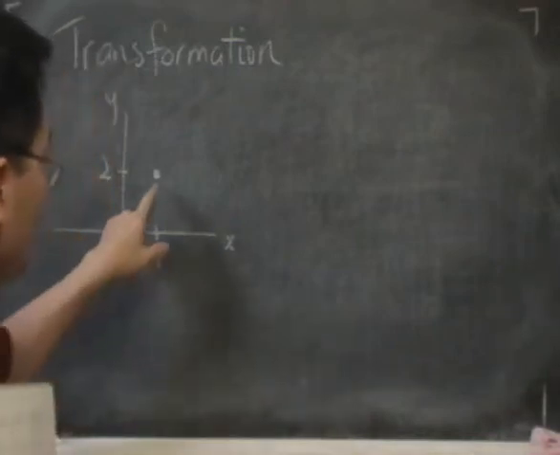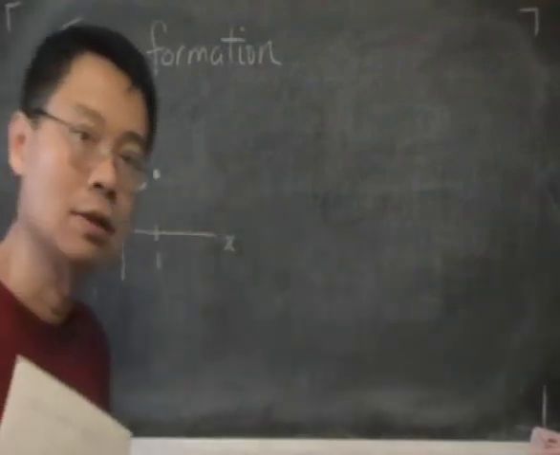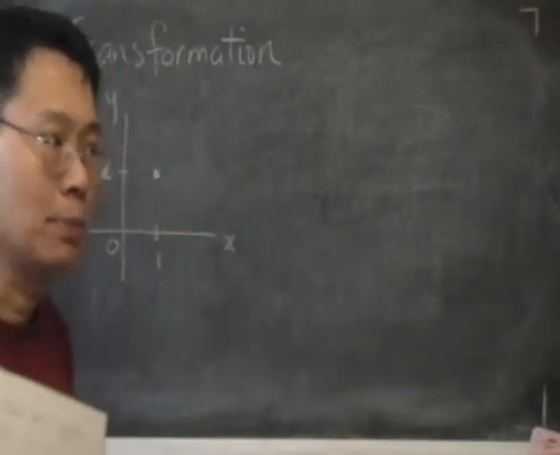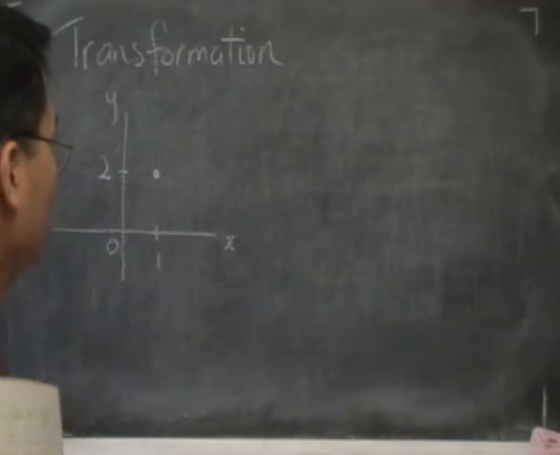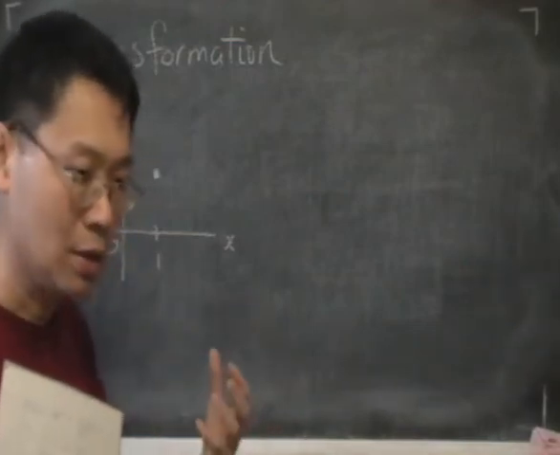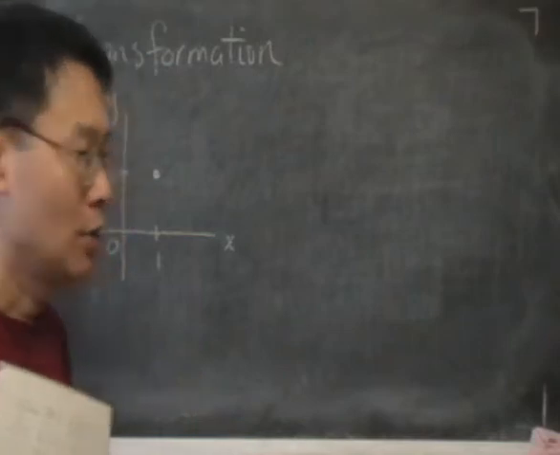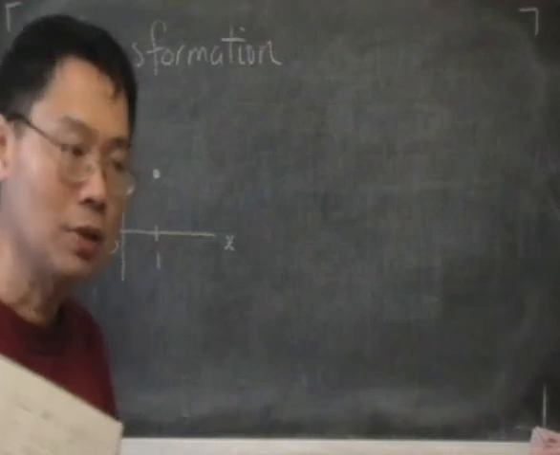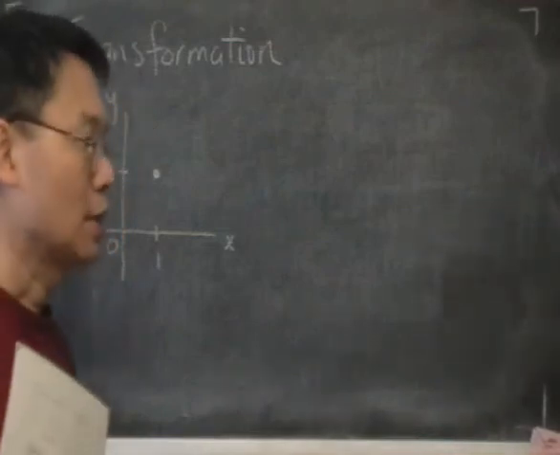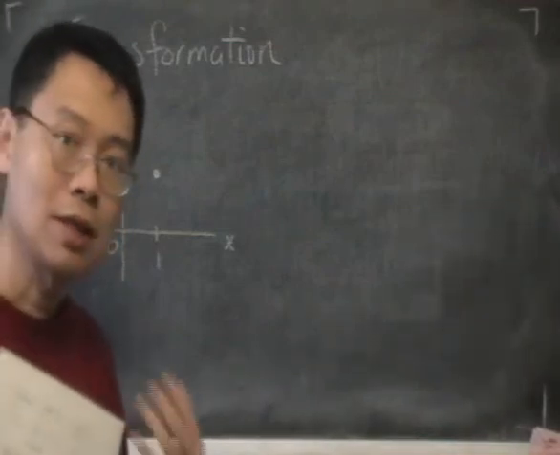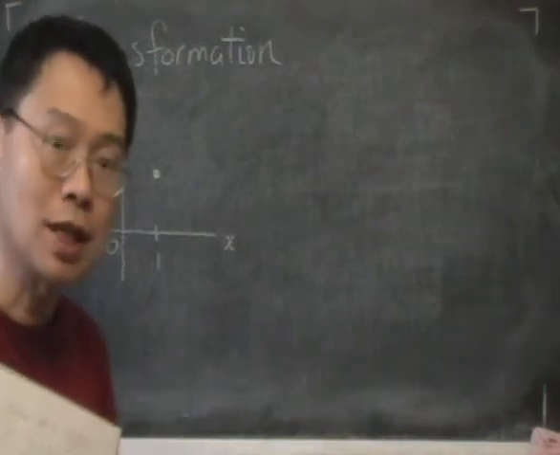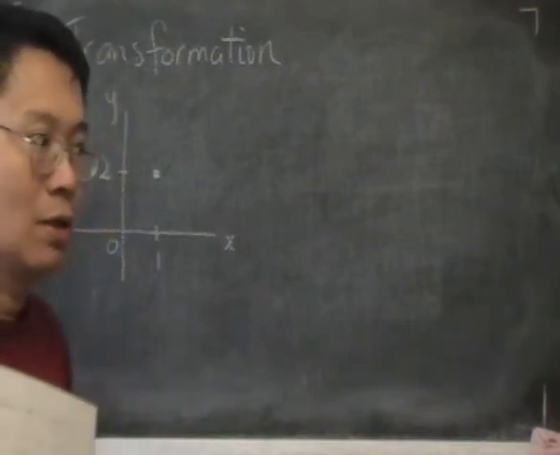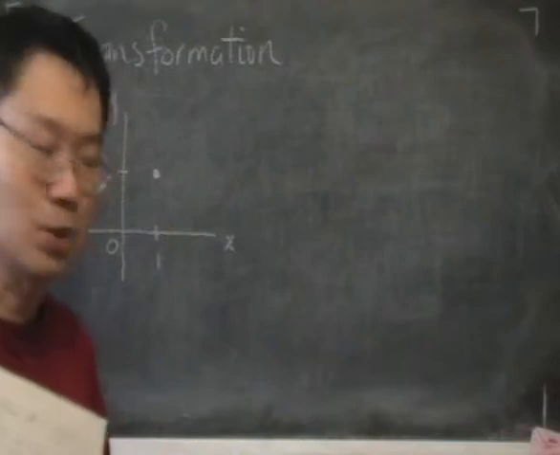That means that if I take this point and move it to another point, and if I always do the same movement for any point that I have on the graph, that's called a translation. Now, if you are seeing this for the first time, it may seem rather strange why you want to do this.